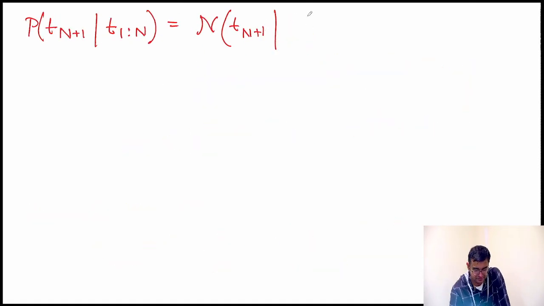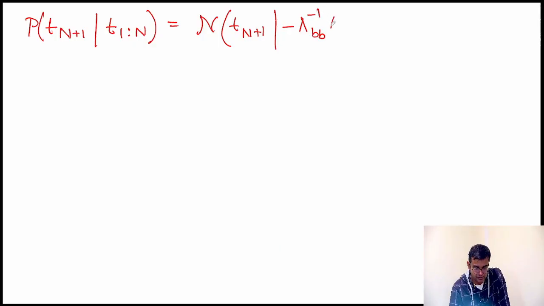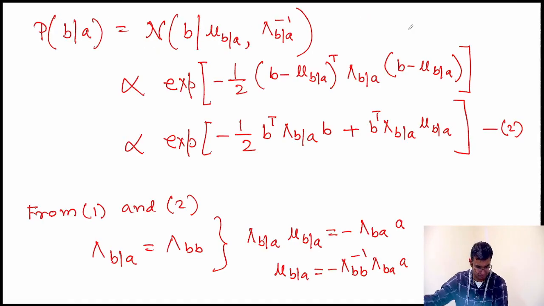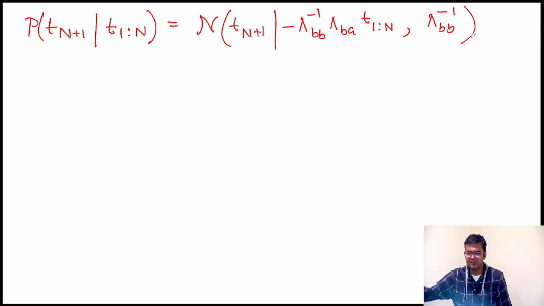Here it is, minus lambda BB inverse lambda BA multiplied by A. Now A is what? T1 to N, comma, the covariance. The covariance is lambda BB. This is your predictive distribution.